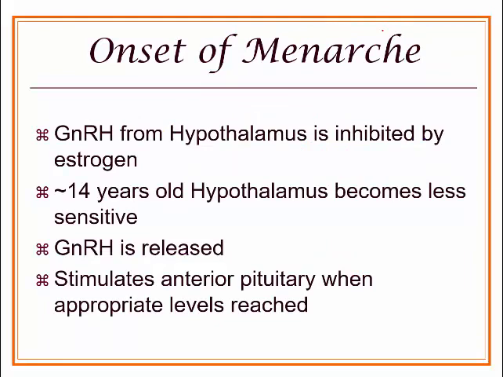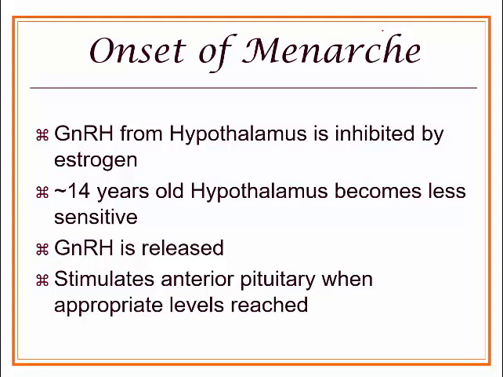Okay, so the onset of menarche. Menarche means the beginning of puberty and the cyclic process that the ovary will go through to develop an oocyte that will be ovulated once a month. Up until puberty, gonadotropin releasing hormone is inhibited by estrogen.